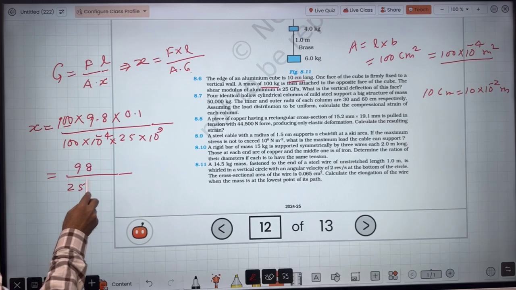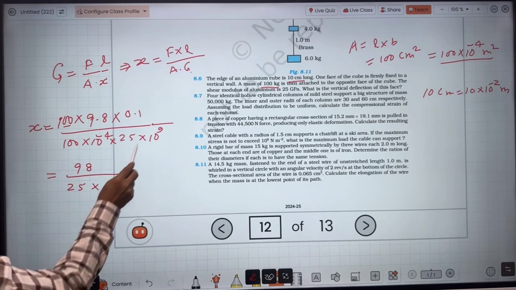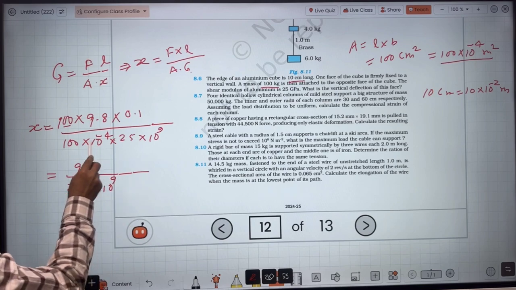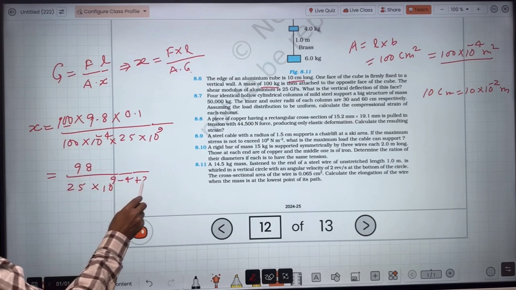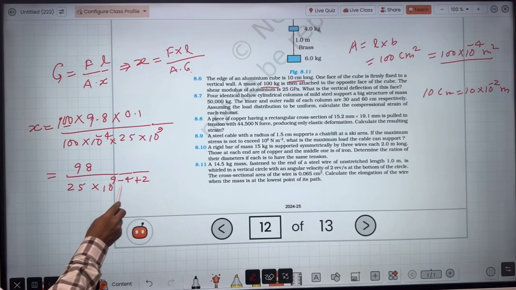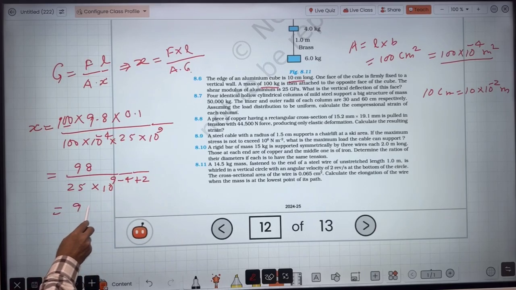And then what more? 25 into 10 to the power. Total power is 9 minus 4 plus 2. So 11, 7. So 98 divided by 25 into 10 to the power plus 7.